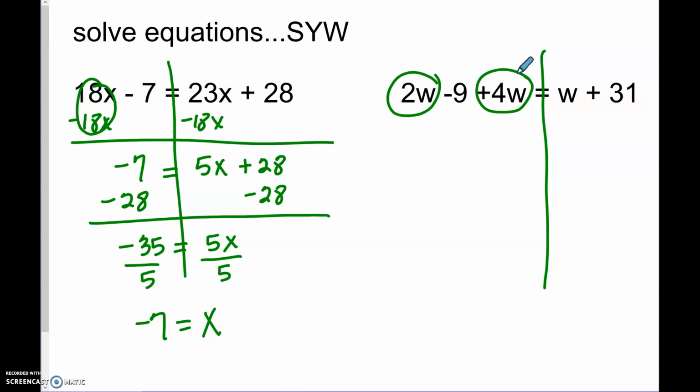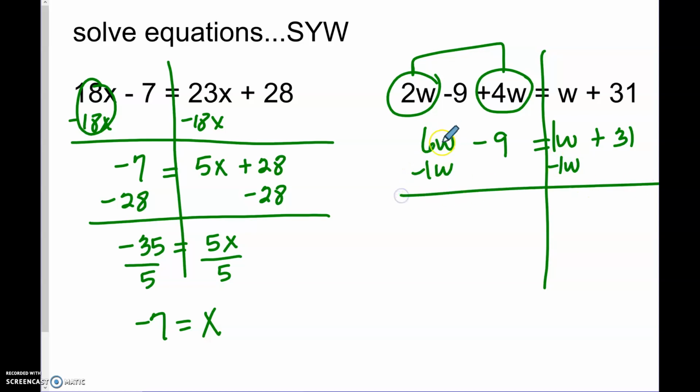So 2w plus 4w is 6w minus 9 equals w plus 31. All right, so I got these w's together, but I still have the w on the other side. I still like to get my w's together. So because this is a positive w, this is 1w, and it's smaller than 6, I'm going to move minus 1w. So 6w minus 1w is 5w.